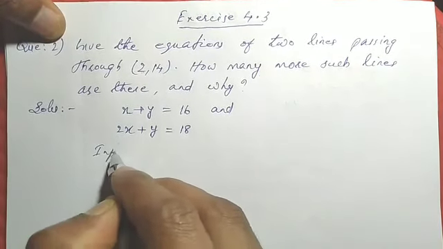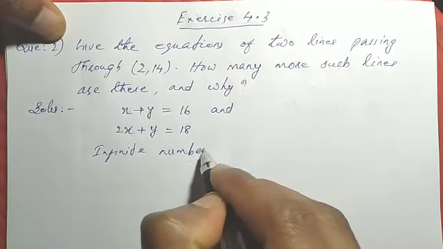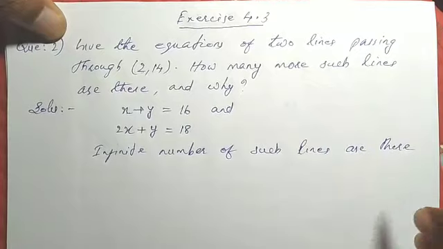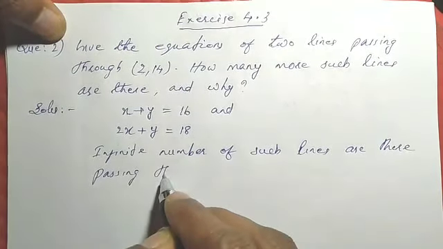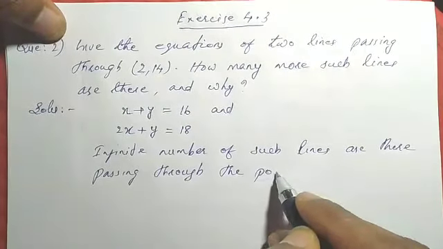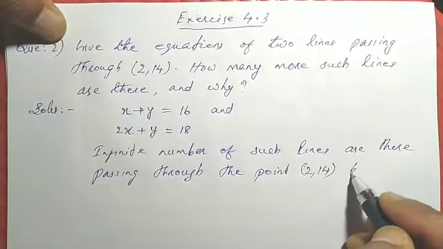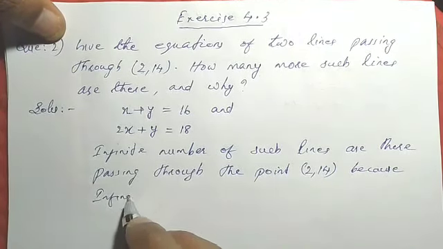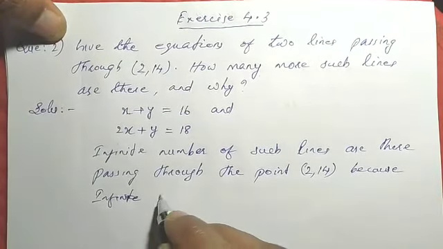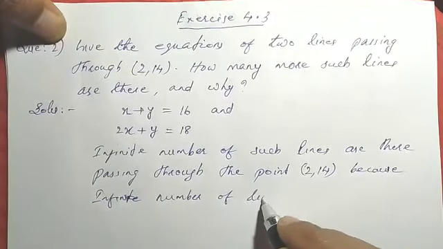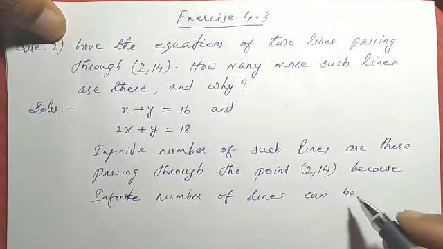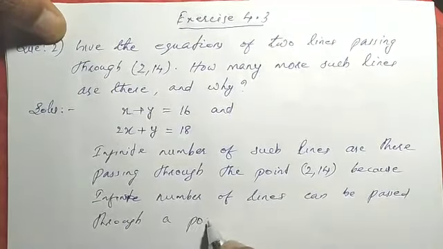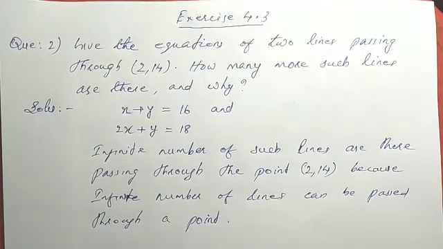We can write the answer: infinite number of such lines are there passing through the point (2, 14), because infinite number of lines can be passed through a point.